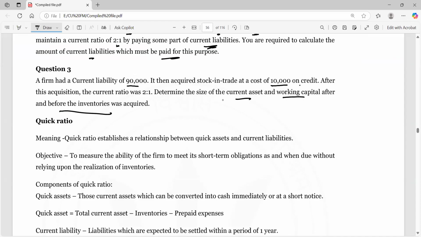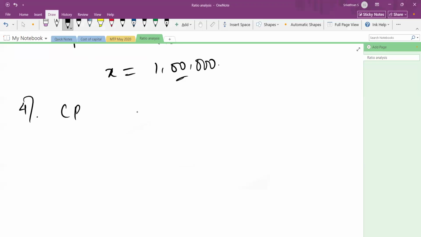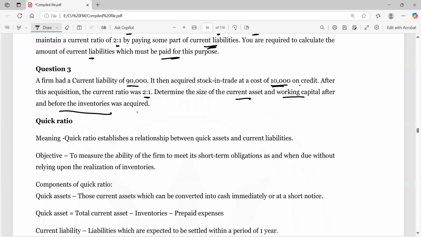Okay. So listen, existing current liability is 90,000, which is given, but existing current asset is not given. And after acquisition, the current ratio became 2 is to 1. So current ratio after acquisition is equal to current asset. We don't know, we are assuming it as X, plus after purchasing an inventory worth 10,000 rupees, current asset will increase by 10,000.